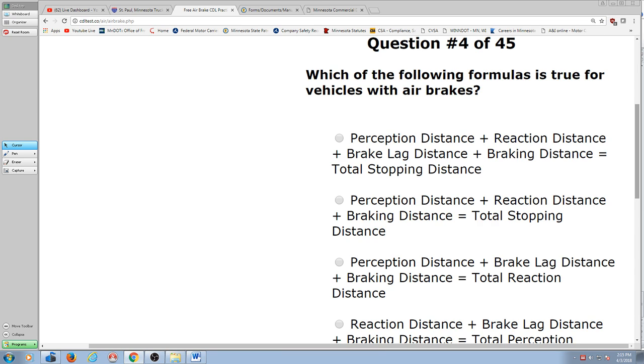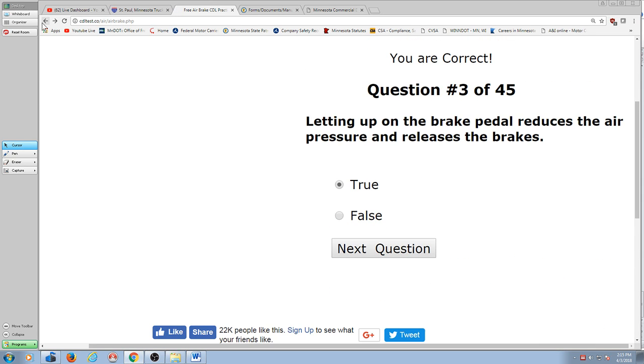Oh, okay. That's where things get really confusing. That's what it said. It said release air pressure. Hold on, now I want to go back and see that. Letting up on the brake pedal reduces the air pressure and releases the brakes.